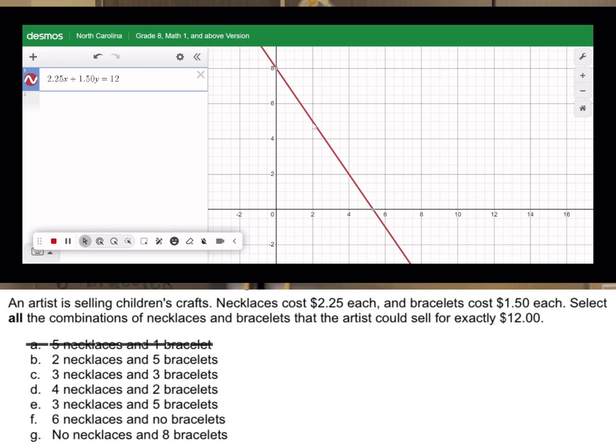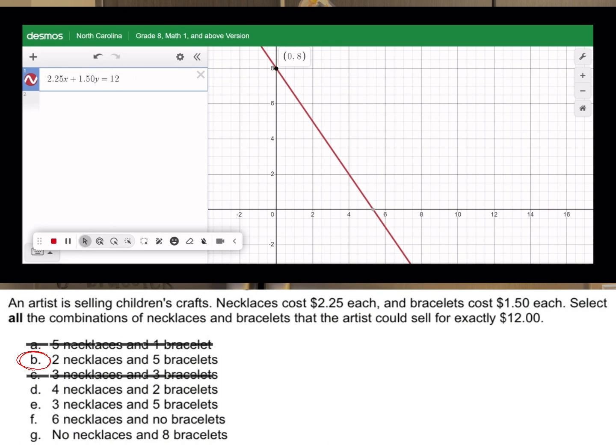It's asking for 2 necklaces and 5 bracelets, so B would be a combination, okay? 3 necklaces, 3 bracelets. Let's see. 3 and 3.5. I'm not looking for 3 and 3.5. I'm looking for 3 and 3. So that's not a combination.